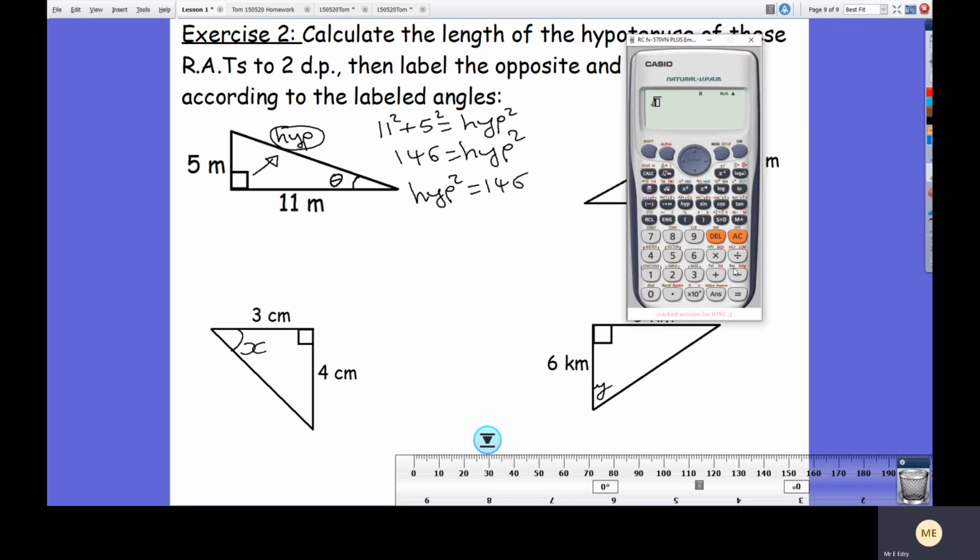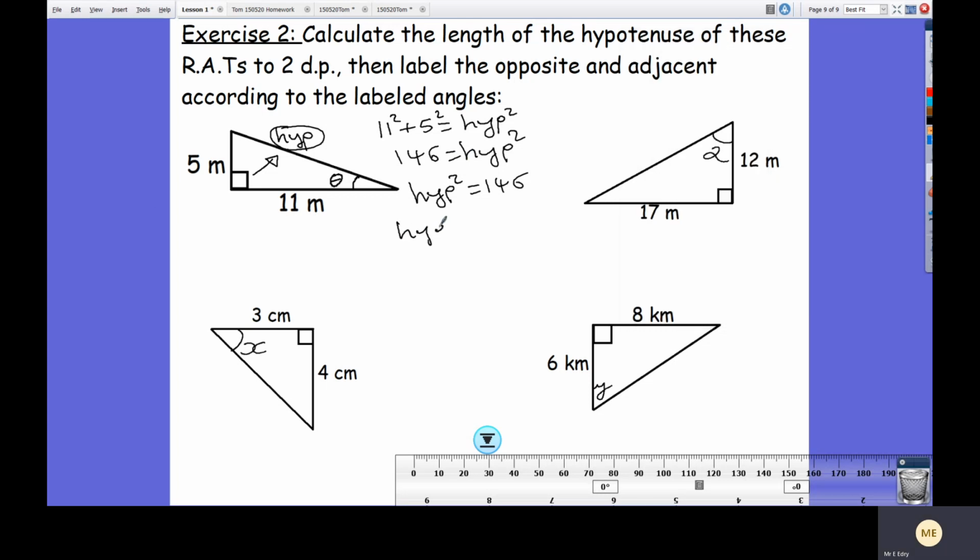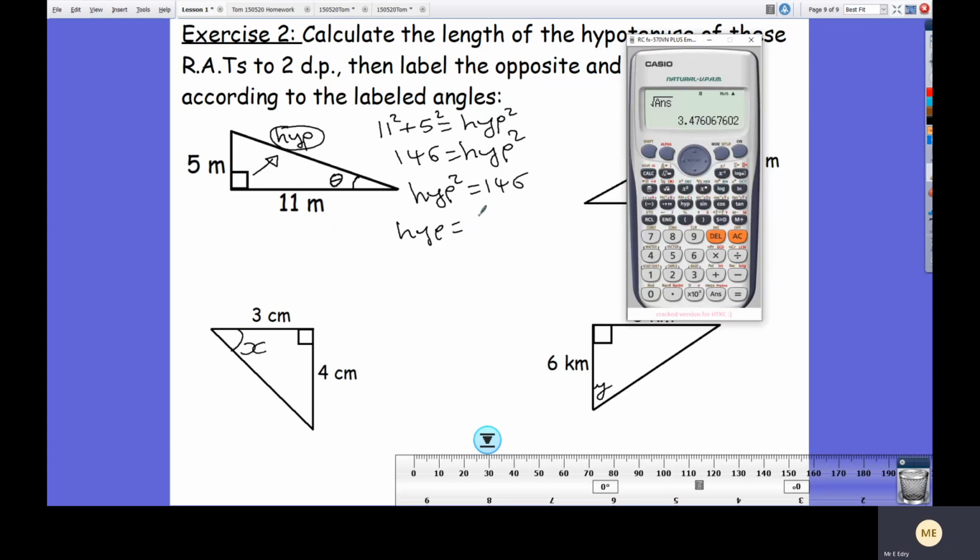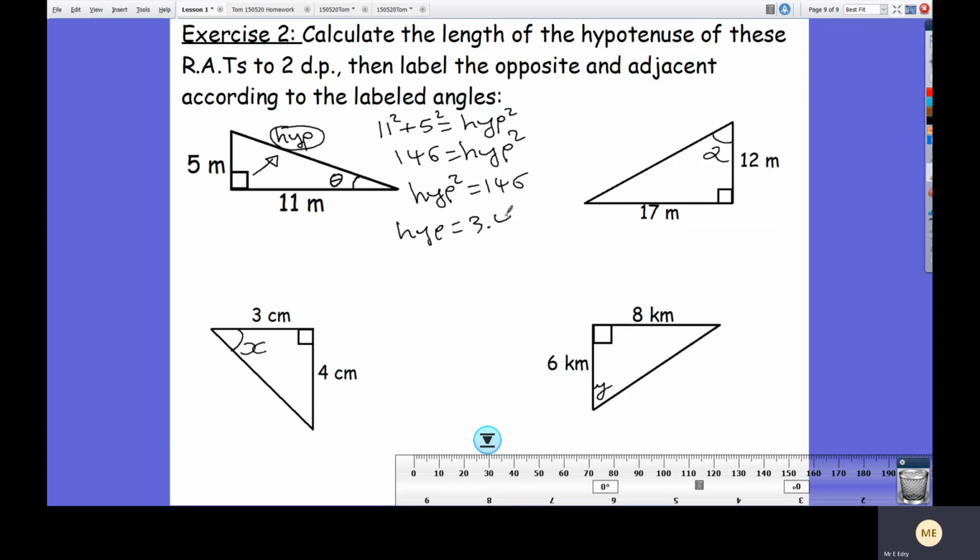And then I can do square root of answer, because the last thing on my calculator was 146, equals, I have 3.476. So I get hypotenuse equal to 3.48 centimeters, or meters, sorry, to 2dp.